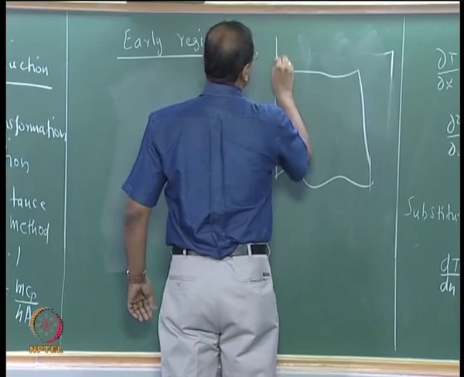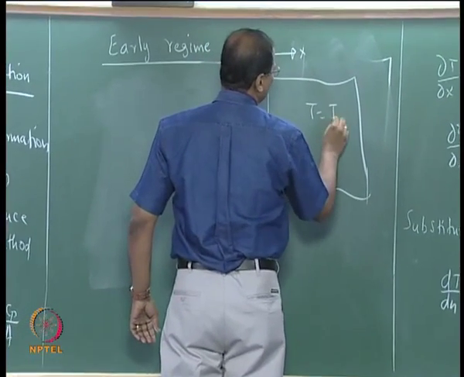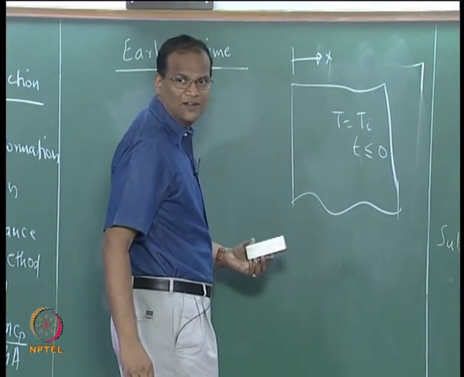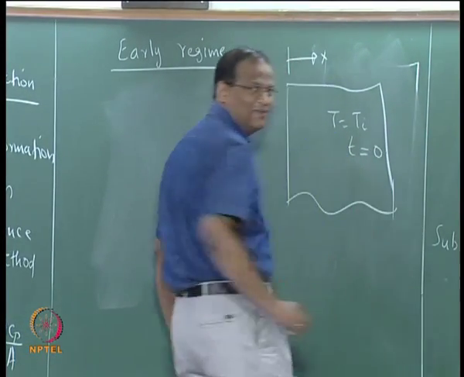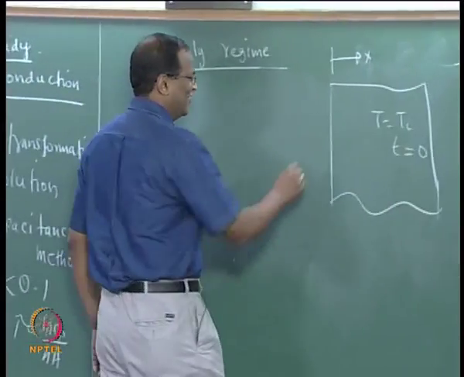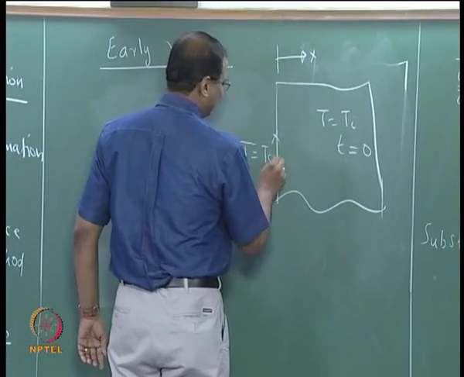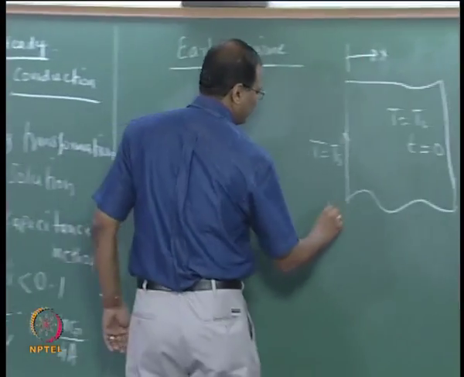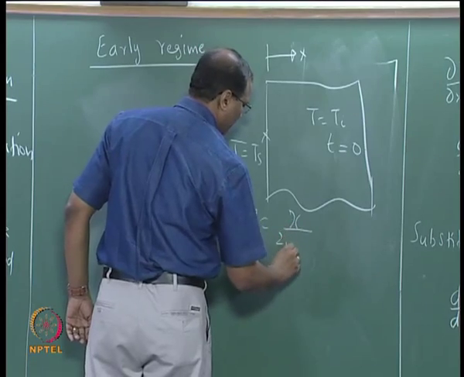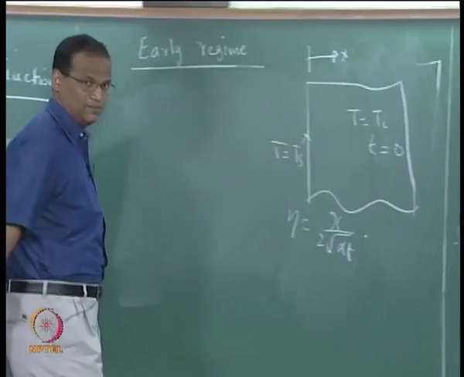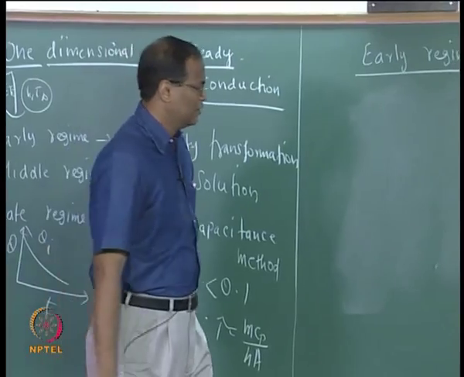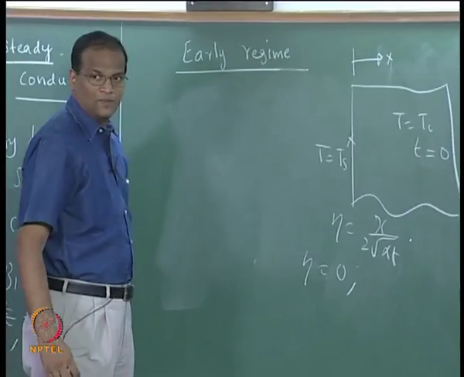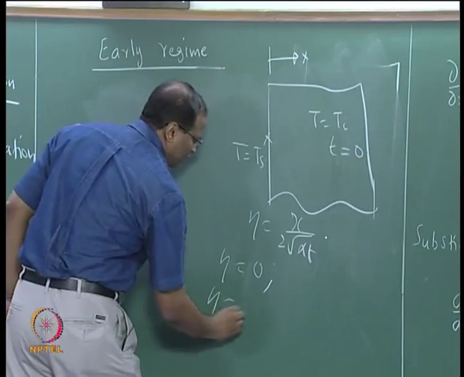Let us take a solid like this, x is like this, so it is T equal to Ti for t less than or equal to 0. Some people do not like less than or equal to 0. So this is T equal to Ts at eta equal to 0, and eta tending to infinity.